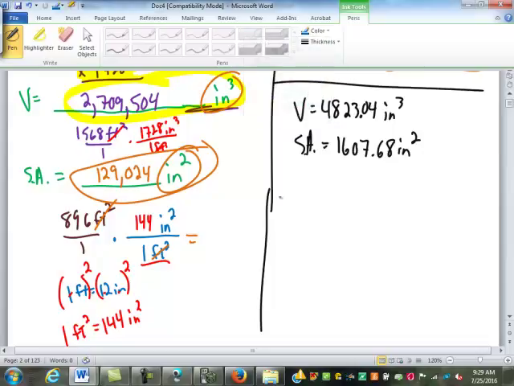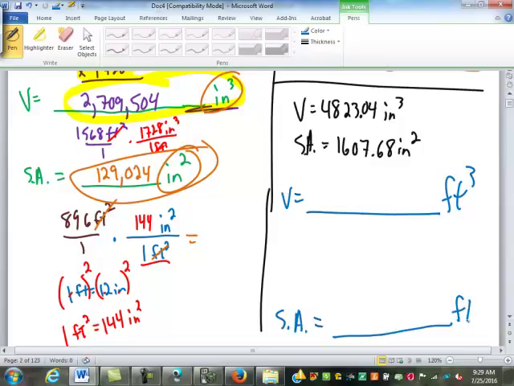So for this one, find the volume in cubic feet and the surface area in square feet.